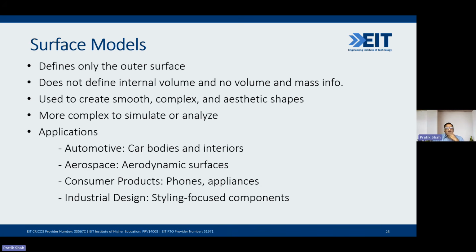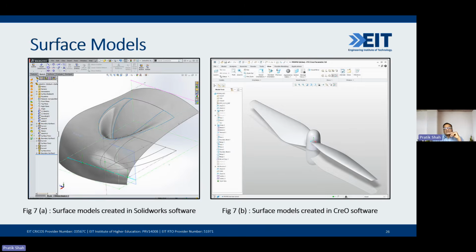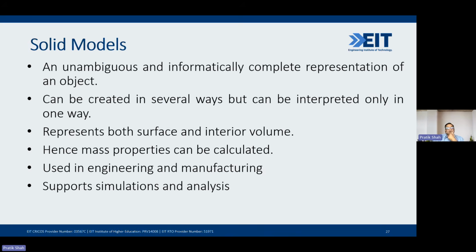The basic disadvantage of both surface models as well as wireframe models is that you cannot have any kind of mass properties or volume calculated from them. Whereas solid models are the most informative models in my view. They represent both the surface as well as the internal volume, and hence mass properties can be easily calculated.